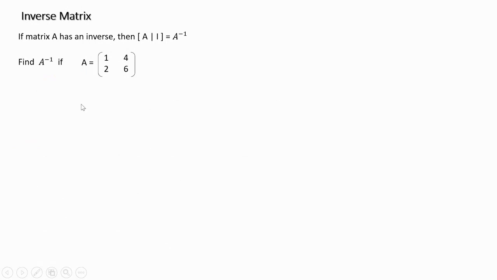Okay, now if matrix A has an inverse, then A and the identity must equal the inverse, all right? So here's how we do this one. I'm going to put matrix A, which is 1, 1, 4, 2, 6, and then I'm going to put the identity.